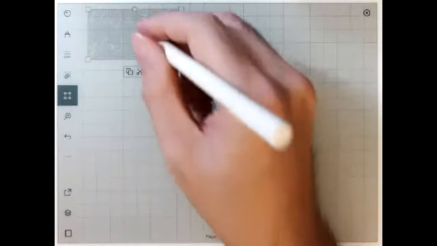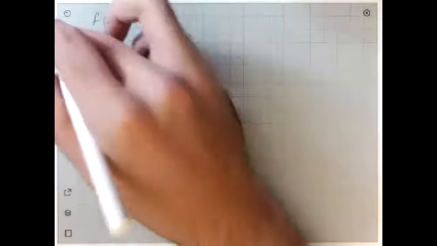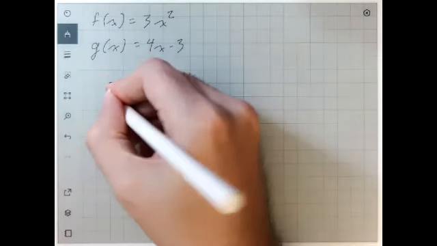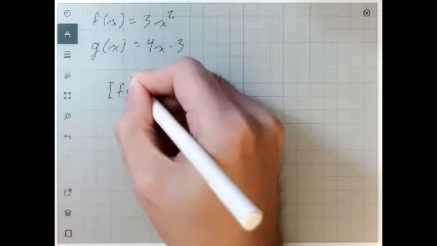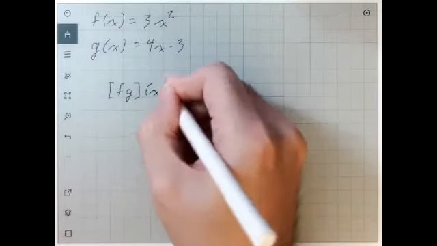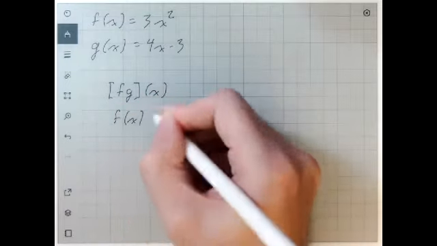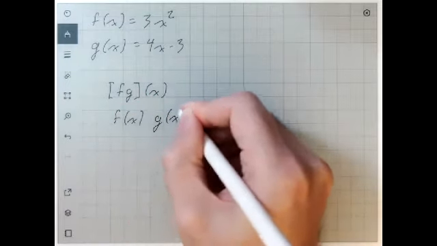All right, one more, multiplication. If we want to take a look at fg of x, well, by definition, that is f of x times g of x.